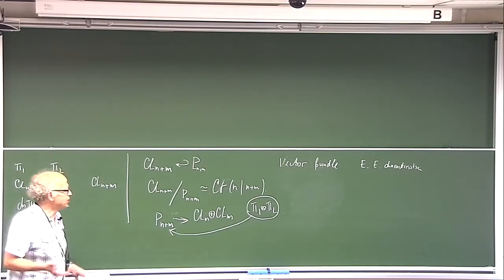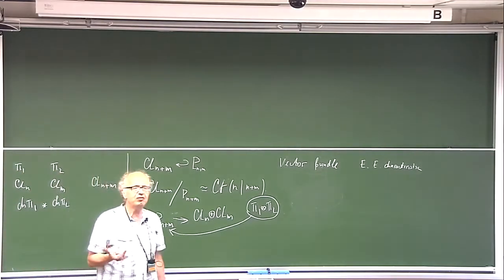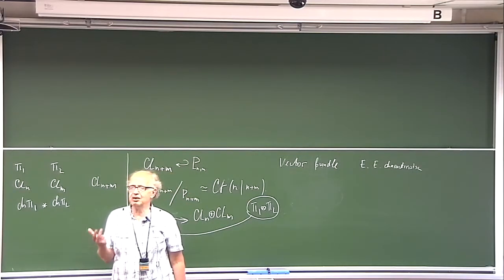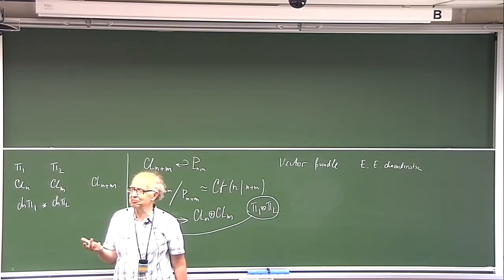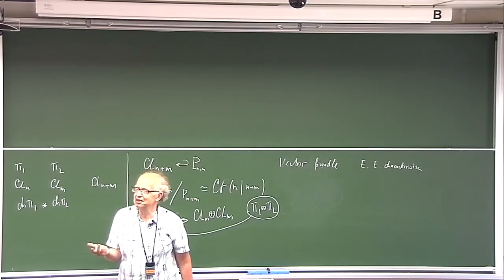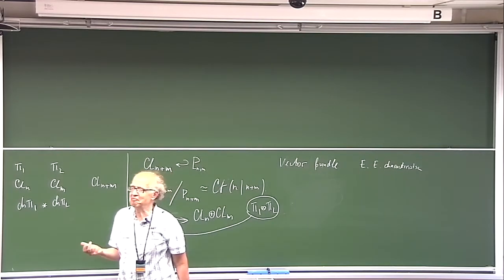So anyway, what is more or less evident? More or less evident is that this way we get some associative product on the sum of Rep(GL_n). But the question is, what is it?